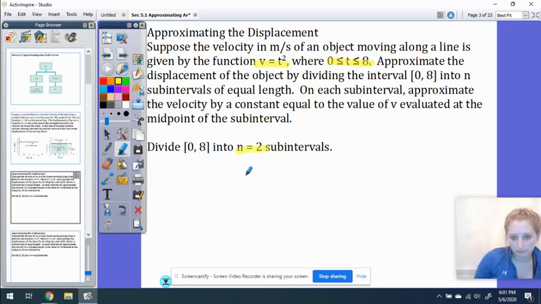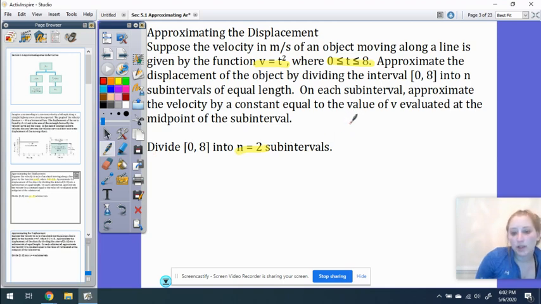equal pieces. And then on each subinterval, we're going to find the midpoint, and we're going to use that to evaluate. Okay? So what you need to think about is how can I divide this exactly into 2 equal pieces.